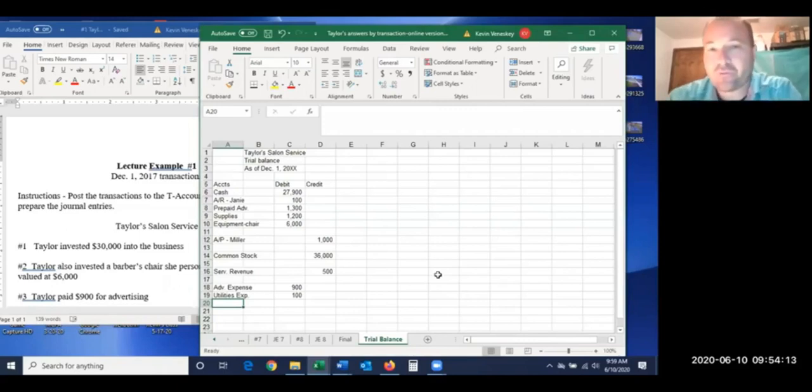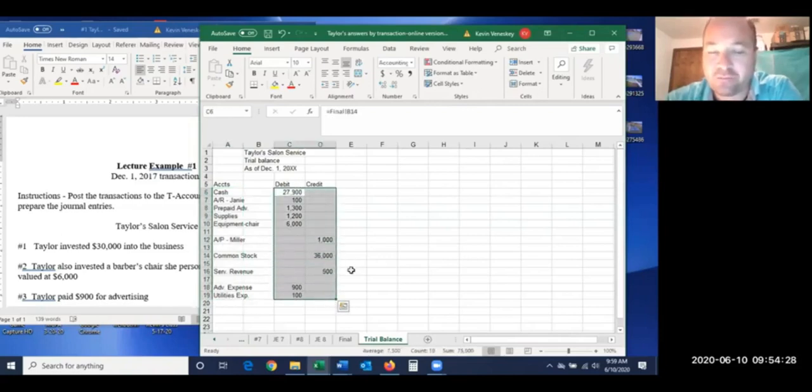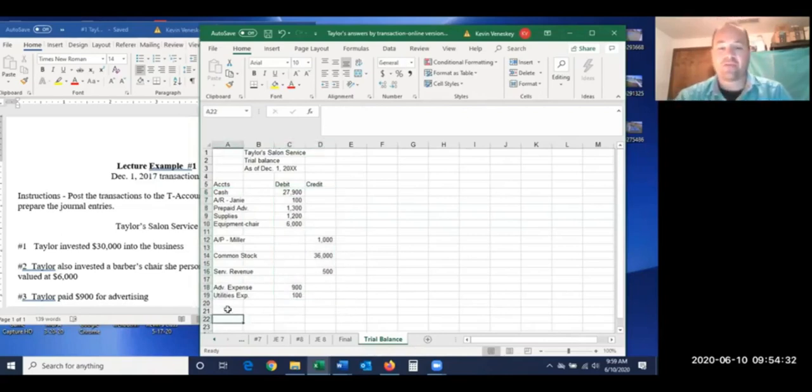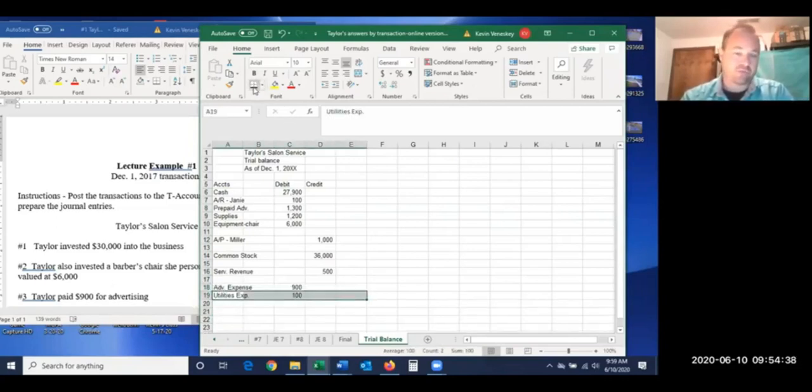Now, there's usually three things you have to do when you do a trial balance. One, you get all of your accounts in their proper order. So assets, liabilities, owner's equity, revenue, expenses, that's proper order. Second, you put in their final balances in the correct column, either the debit or the credit side. And then third, you draw a line, put your thick bottom line down here.